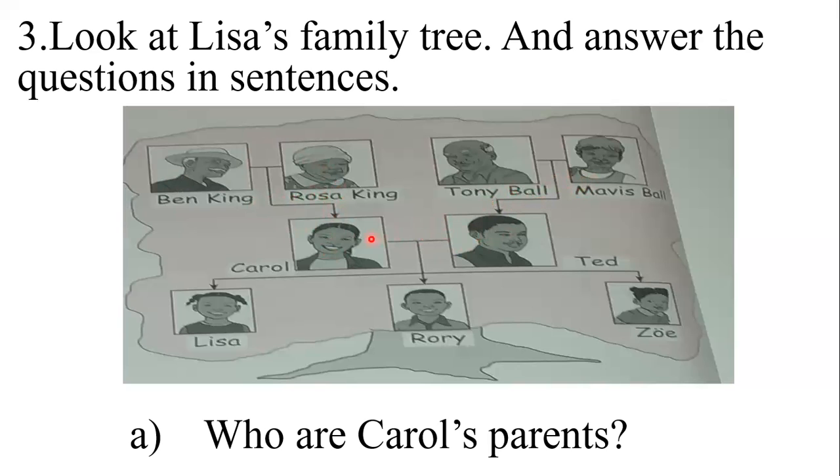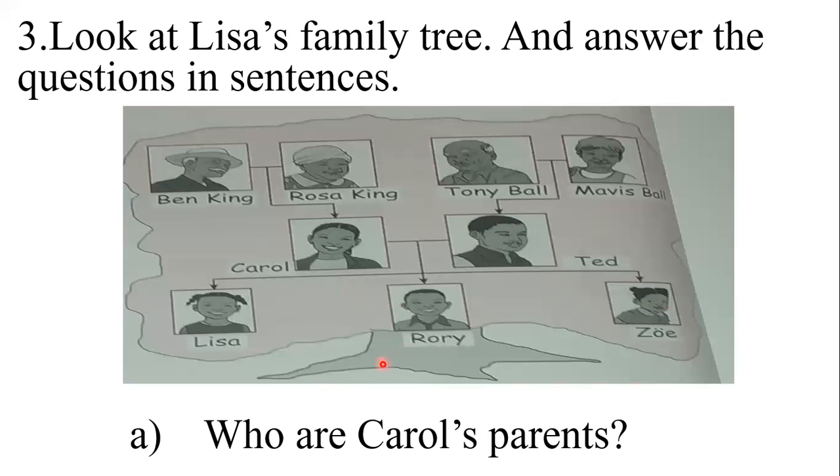Now, Ted and Carol, they are husband and wife. Together they have Lisa, Rory, and Zoe. So Carol and Ted are proud parents of Lisa, Rory, and Zoe.